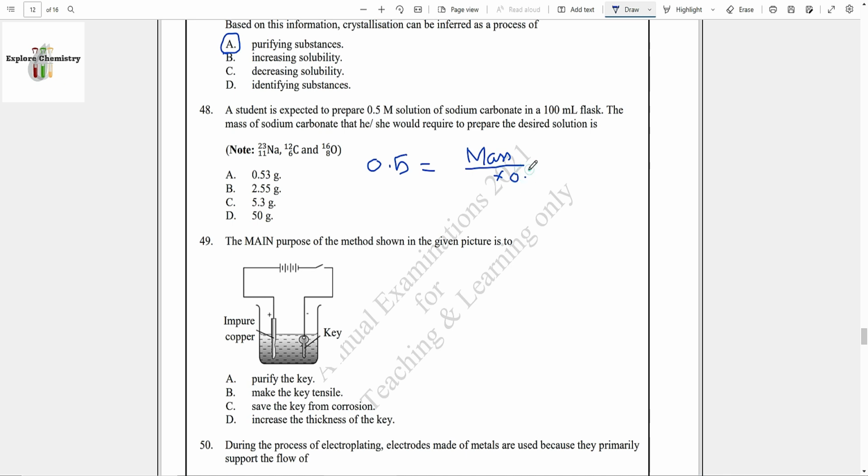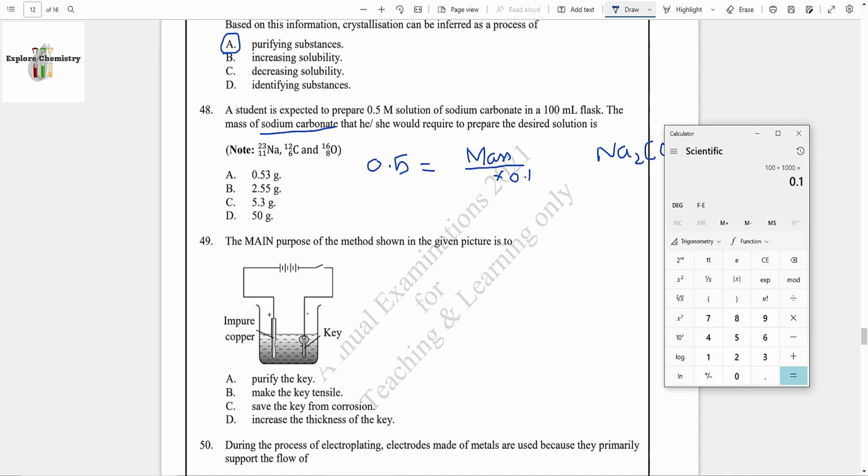Then calculate sodium carbonate molar mass. Sodium carbonate is Na2CO3. The molar mass of sodium carbonate will be 2 sodium atoms, 23 plus 23, plus 1 carbon atom, 12, plus 3 oxygen atoms, 16 plus 16 plus 16.